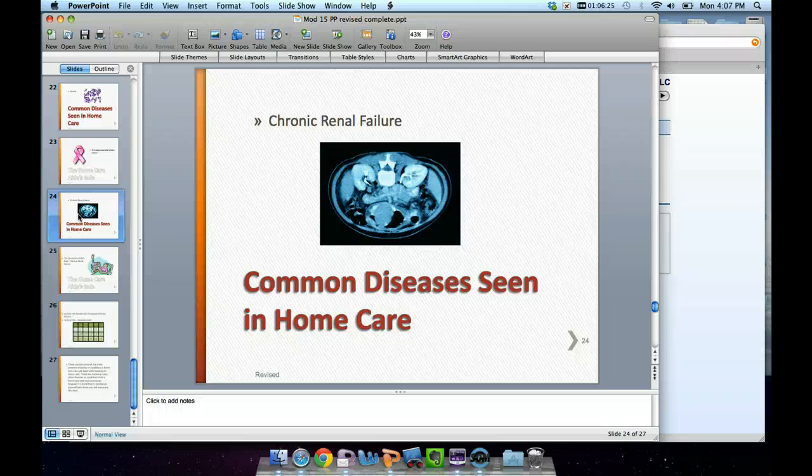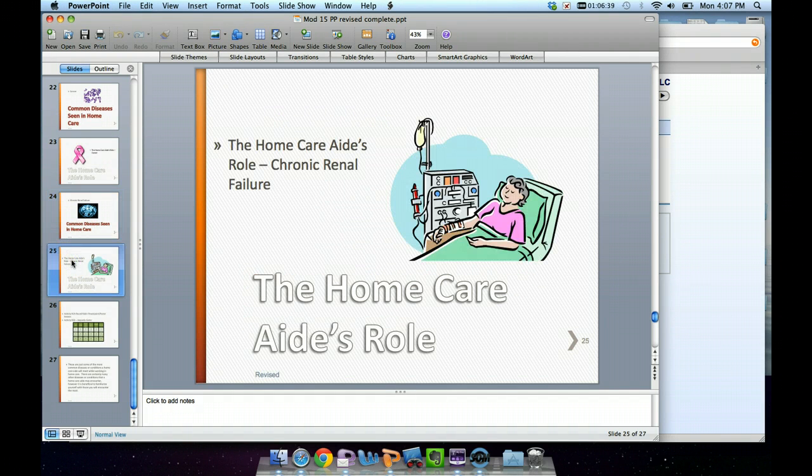Treatment for chronic renal failure includes restricting fluids, changing the diet, medications, and dialysis, which removes waste products from the blood, and then potentially a kidney transplant. So what is your role? Make sure that your patient is resting, eating well, and watch how much fluid they're taking in.